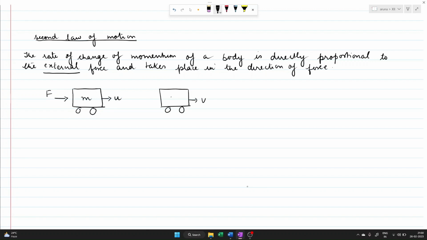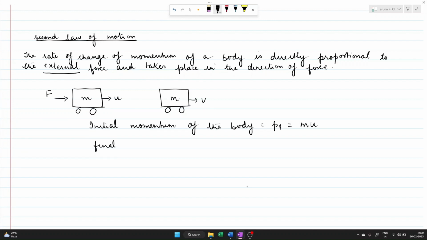Mass obviously remains the same. So the initial momentum of the body, let it be p1, will be mu.